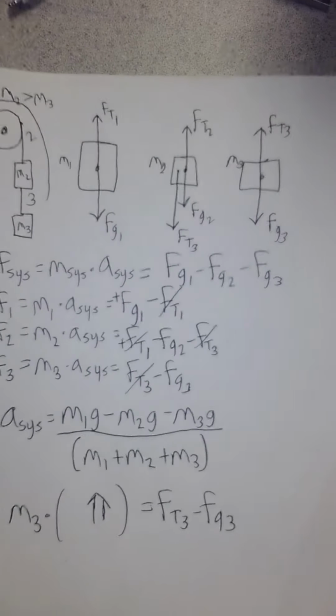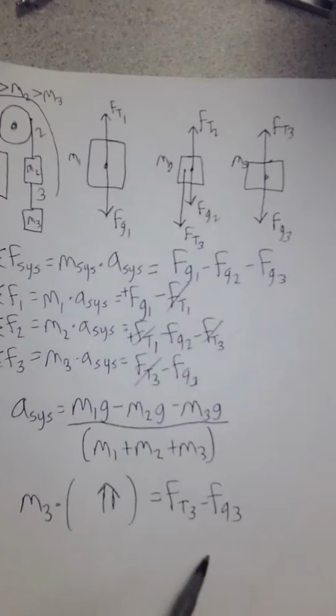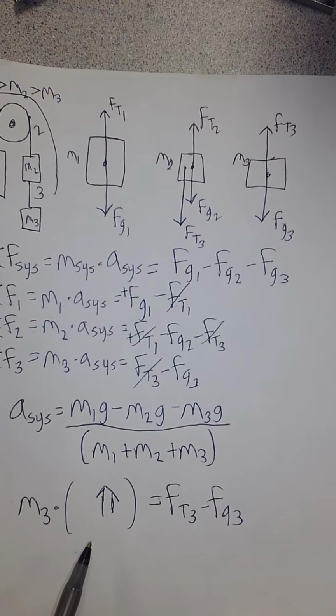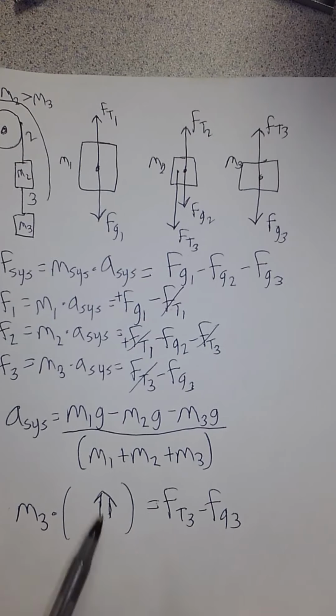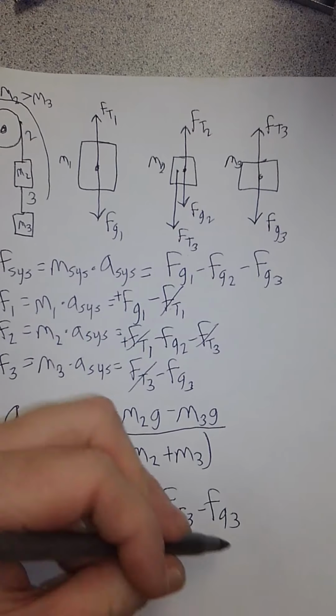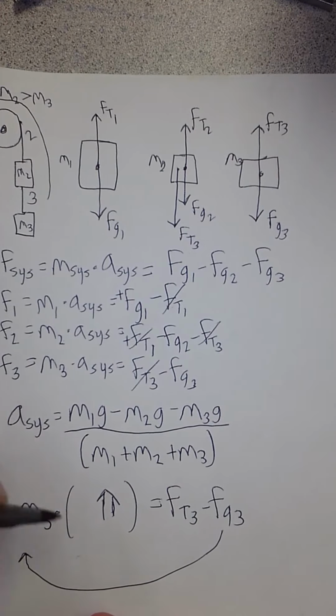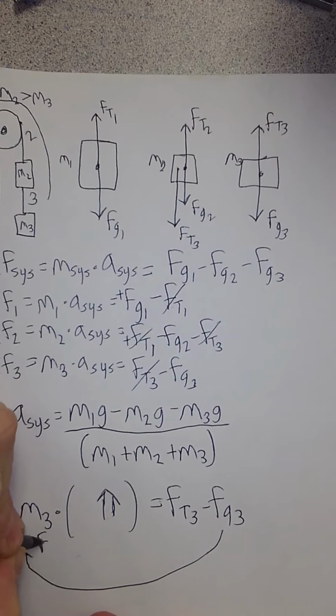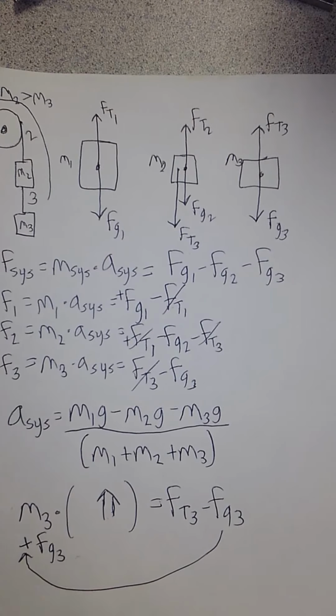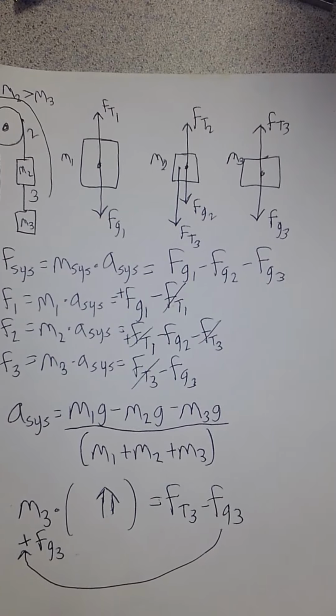Now, pretty basic algebra. I just got to move this over to the other side, and then when I do that, I will have my expression for FT3. So I'm just going to plop this back over here. I'm going to add FG3 to that side, and then lo and behold, I have my answer for FT3.